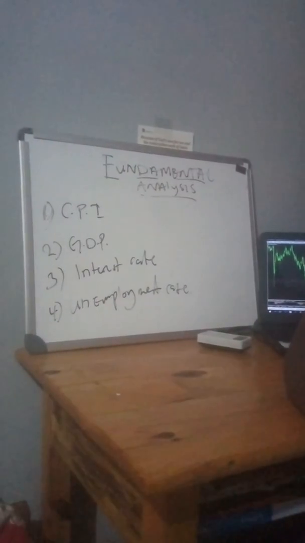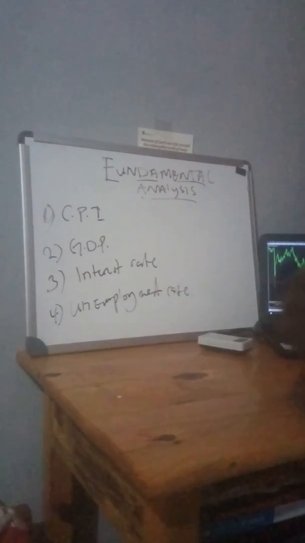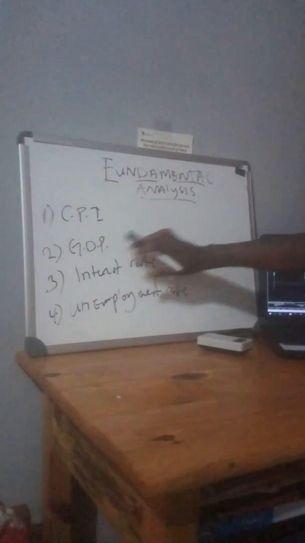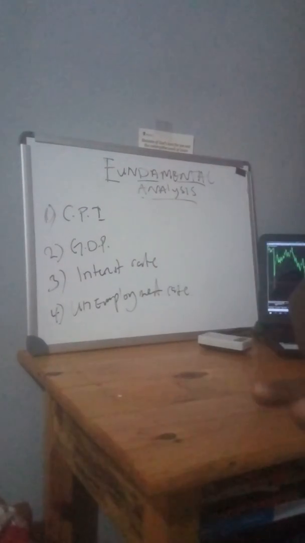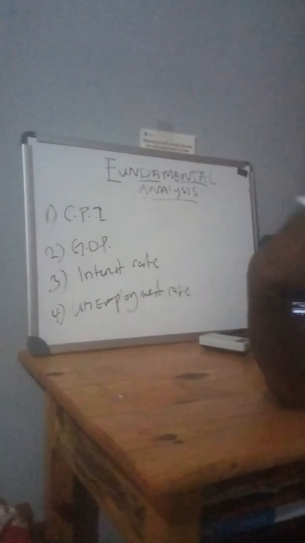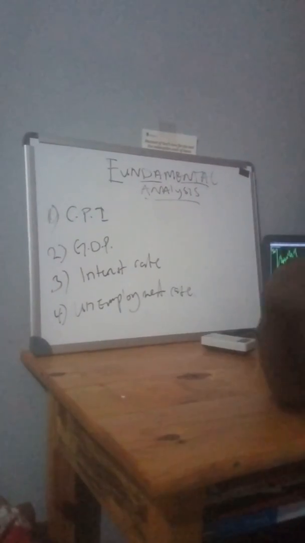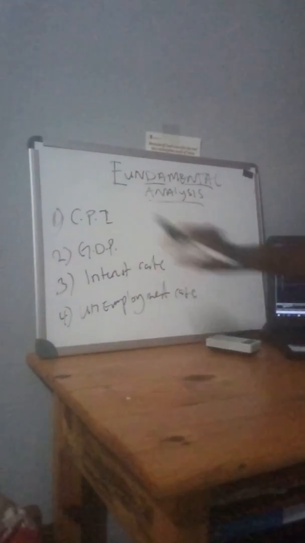So this is how you analyze. You don't really need to stress much about the definition of CPI, GDP, interest rate, or employment rate. All you need to understand is that all these news pieces can affect how a country's currency performs in the period at which the data is released.